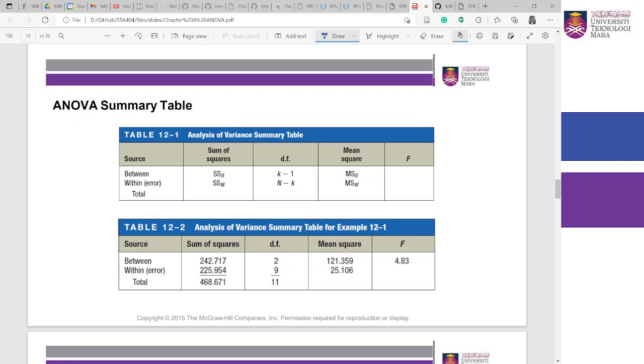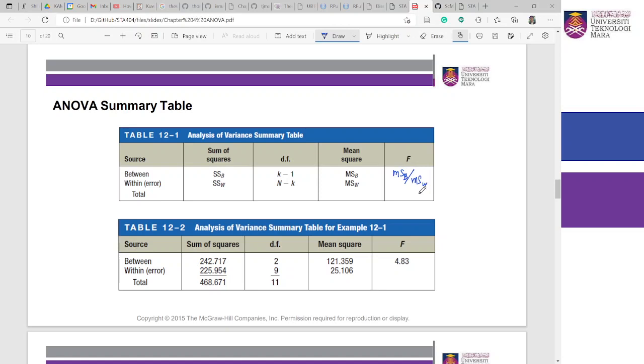Okay, so this is how you read the table. You have the analysis of variance table. So you have between, sum of squares, and then you have the degrees of freedom, mean square, and then the F test. In this case, the F here is simply equal to MSB divided by MSW.